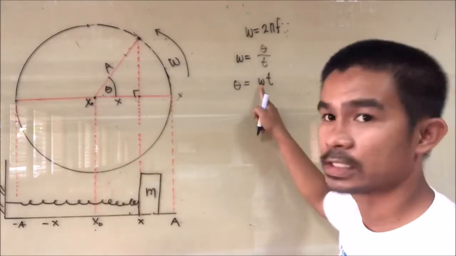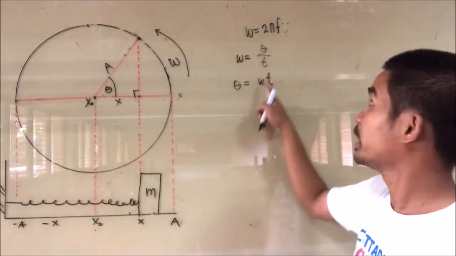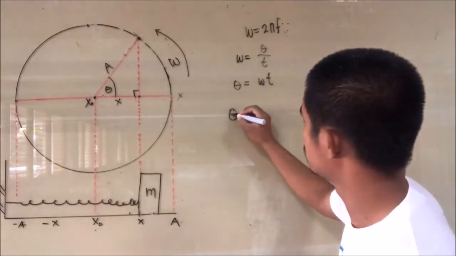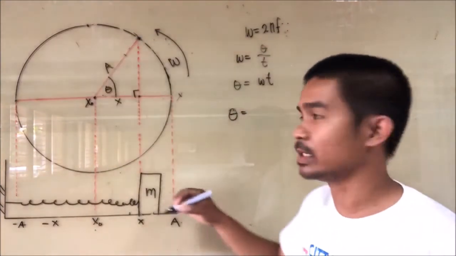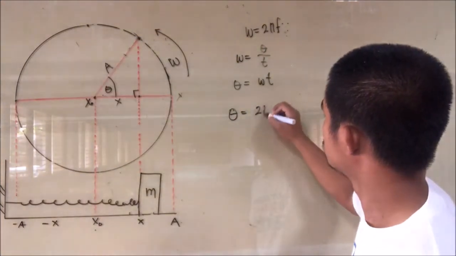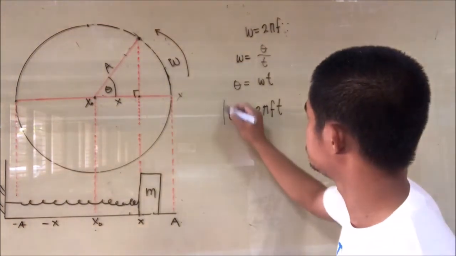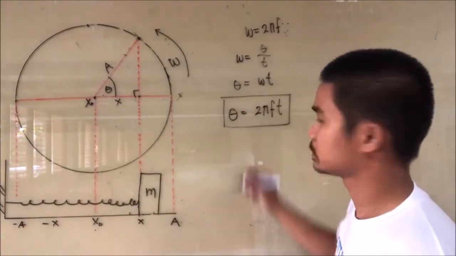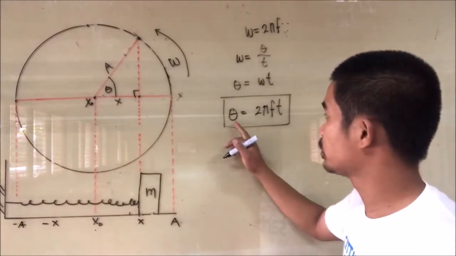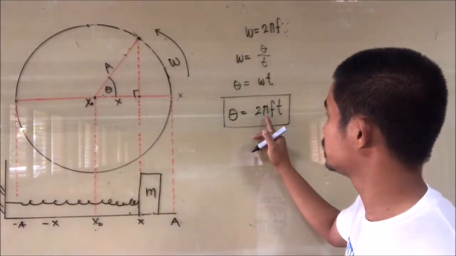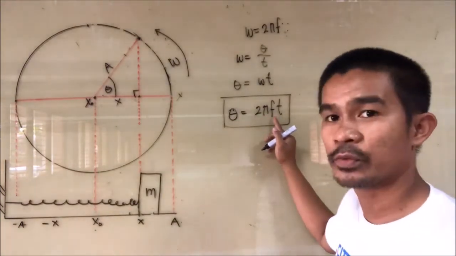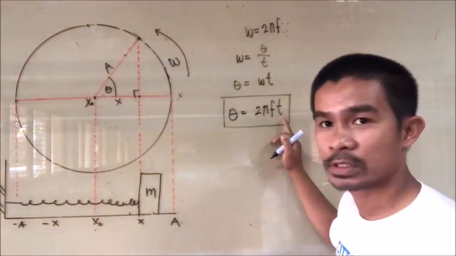So we will replace omega by 2 pi f, and the angular displacement will be 2 pi f t. So this is the angular displacement, 2 times pi times the frequency, times time.